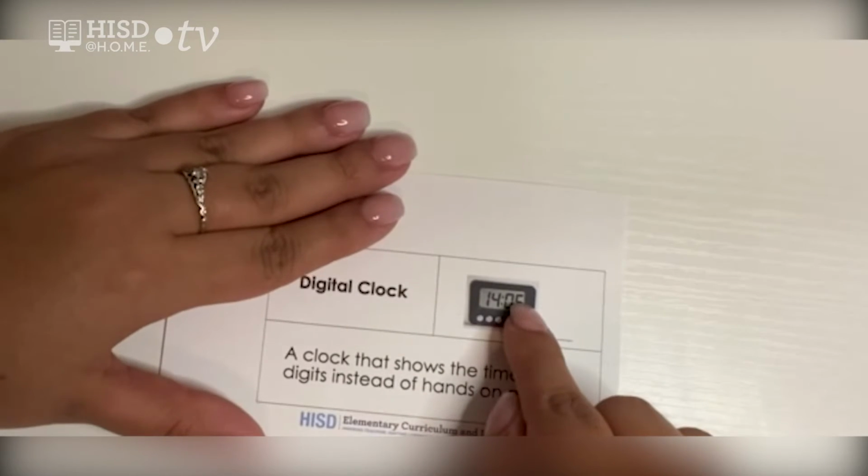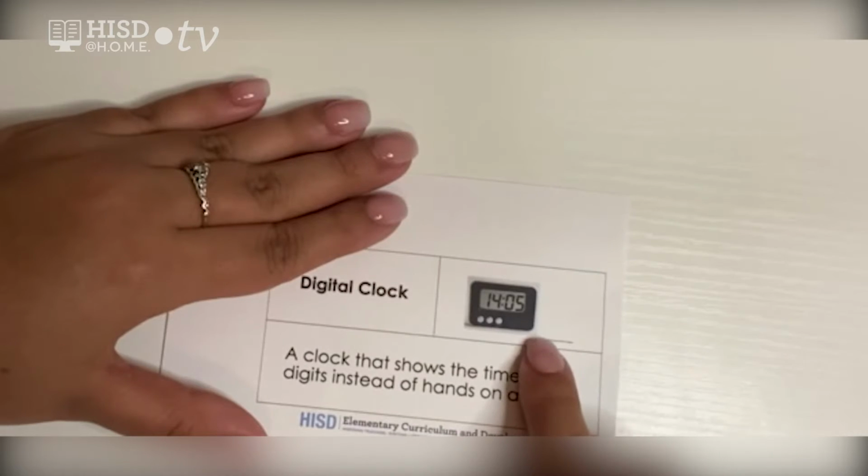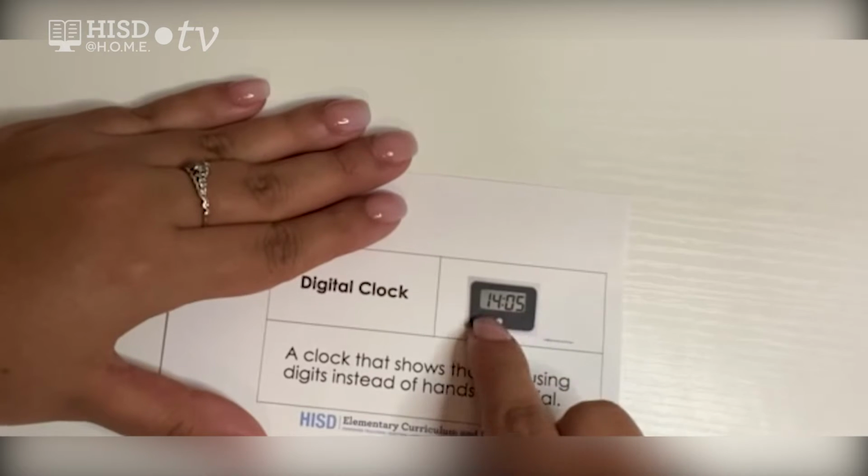And so instead of the hours rotating all over again at 12, they don't rotate. They just keep going on until you have 24 hours. So instead of saying 1 in the afternoon or 1 p.m., you would say 1300 hours. Instead of saying 2 p.m., you would say 1400 hours.